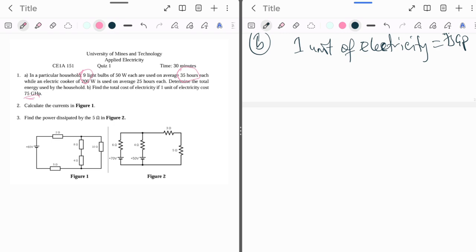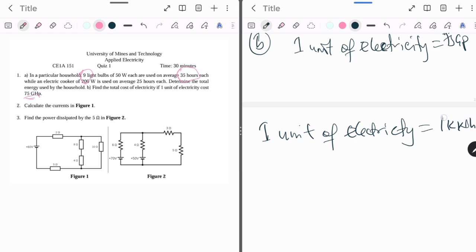A unit of electricity simply means 1 kilowatt hour. So when you talk about a unit cost of electricity, we are referring to the cost of 1 kilowatt hour.